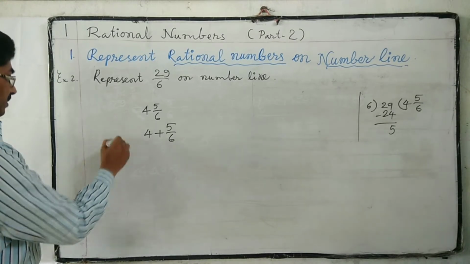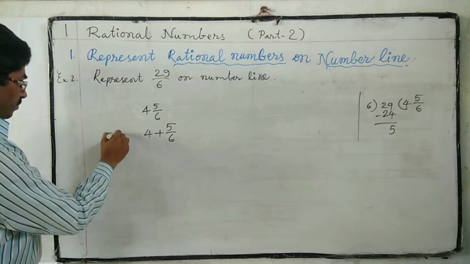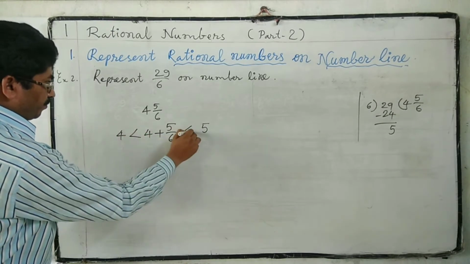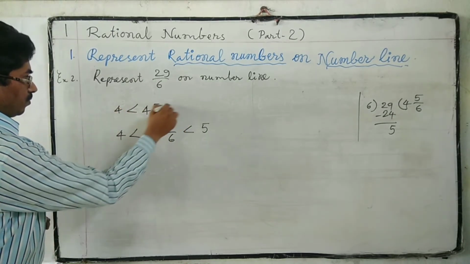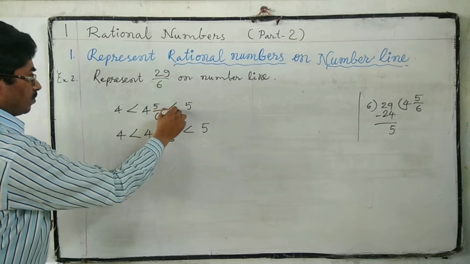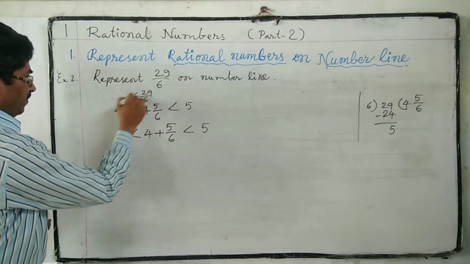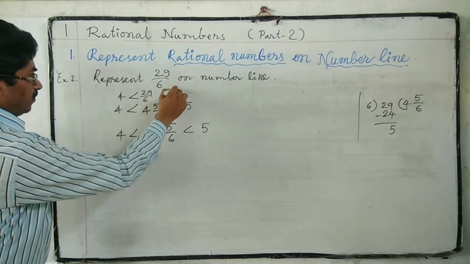So it lies between 4 and 5. This 29/6 lies between 4 and 5.